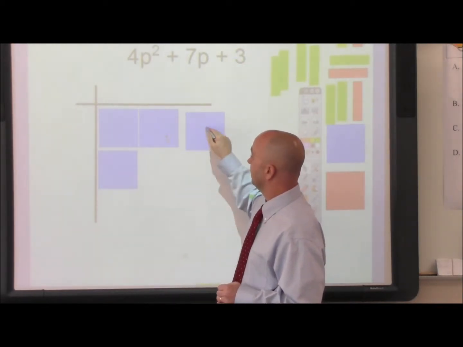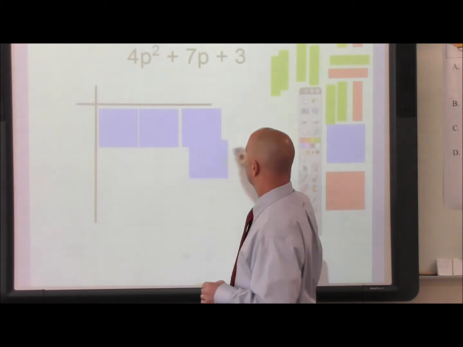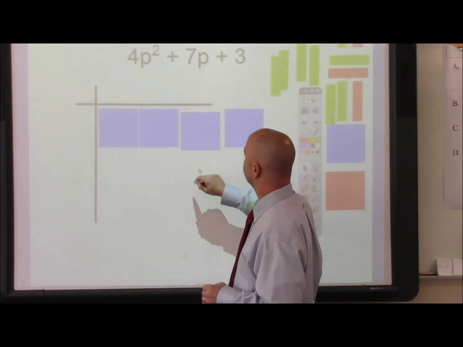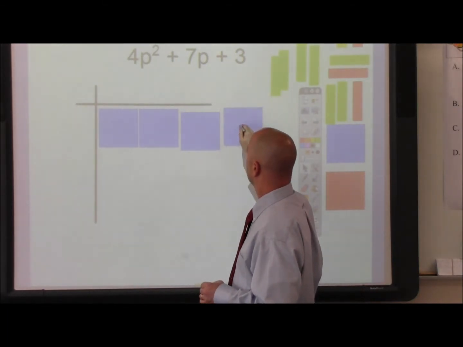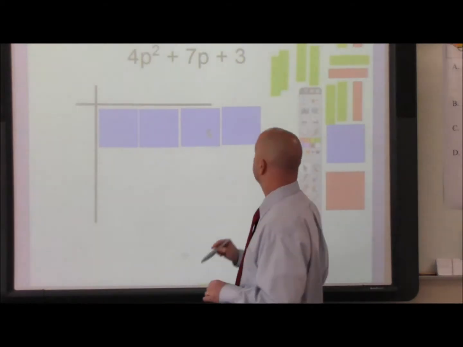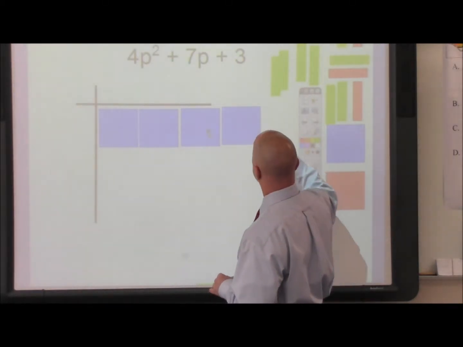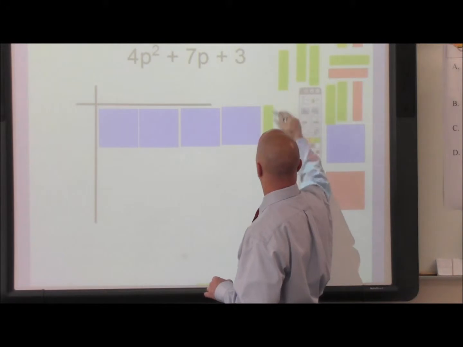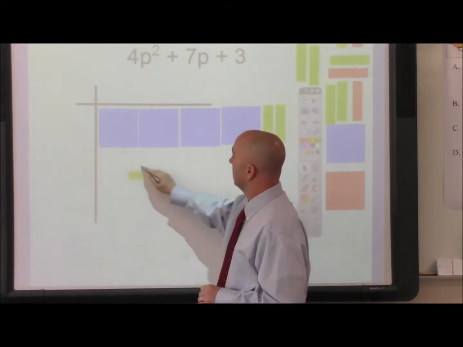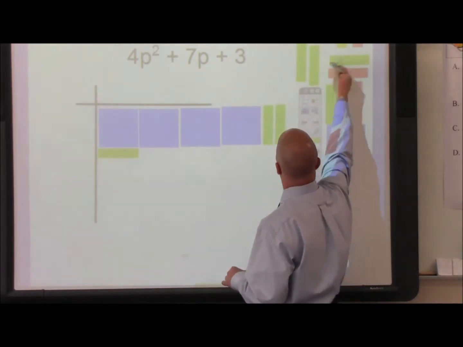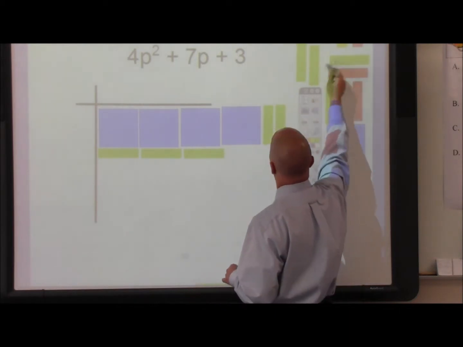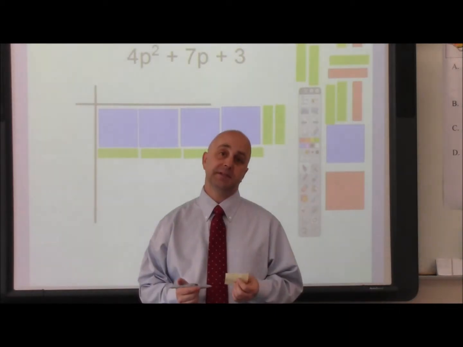Maybe if I stack these up with a longer, skinnier rectangle. I got my 4p squares. Now I need 7 p's. Maybe if I put 1 here and 1 here, and there's 3, 4, 5, 6, but I need 7.